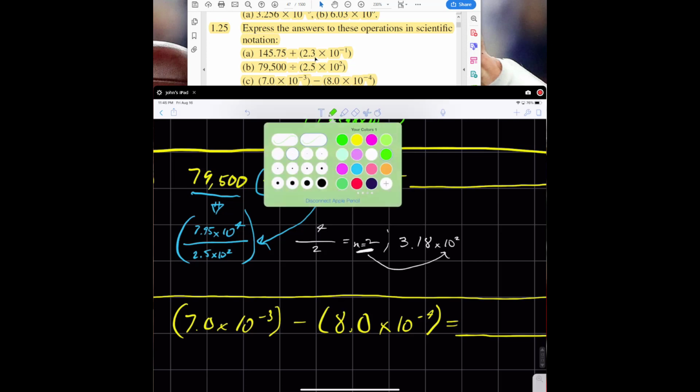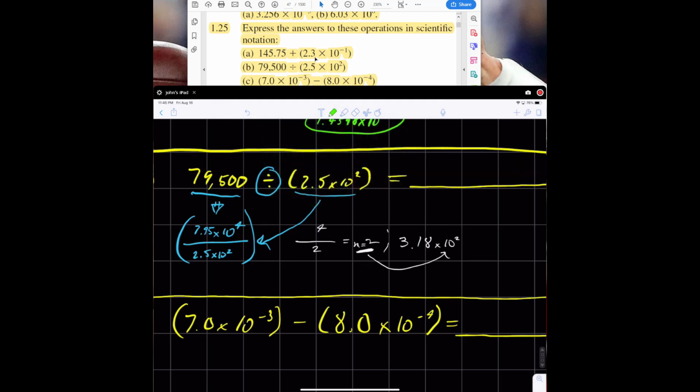Now we're not finished, because we're not ready to report this answer yet, because we have to look back at the sig figs. And because we have 1, 2, 3 sig figs, and then we have 1, 2 sig figs, the rules of the sig figs say that we report our final answer when doing division in the lowest number of sig figs.